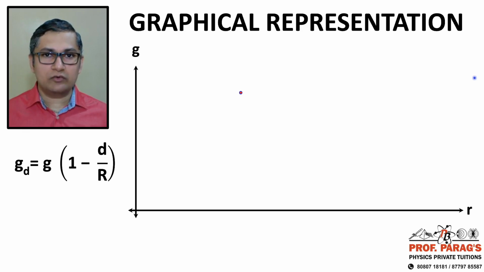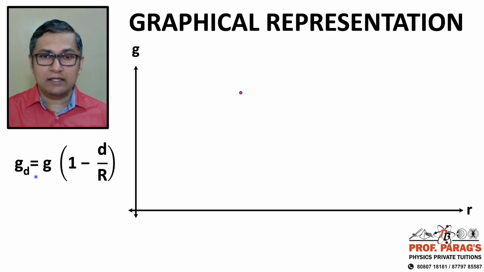For that, we will substitute the value of small d equal to 0. If I put d equal to 0, it means I'm at 0 depth, that means I'm on the surface of earth. So 1 minus 0 upon R, 0 upon R is basically 0. So 1 minus 0 is going to give me 1, and into g, small g, is going to give me small g.